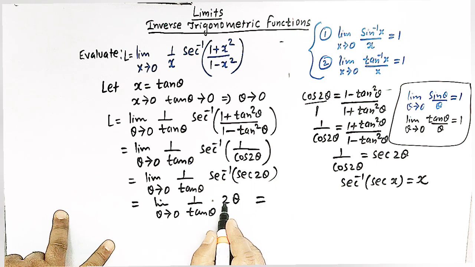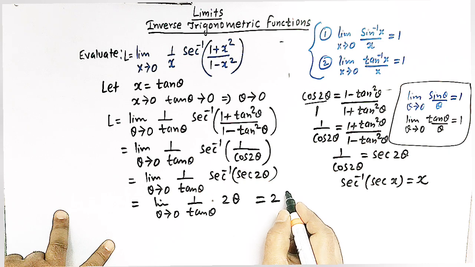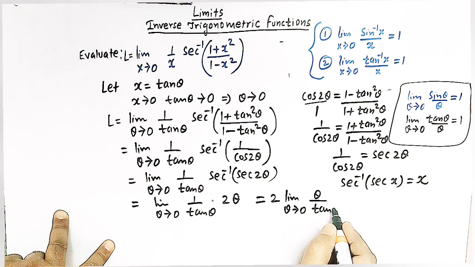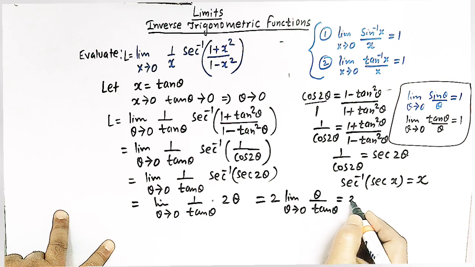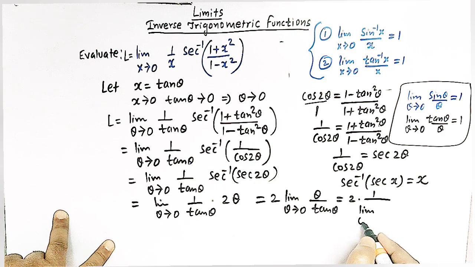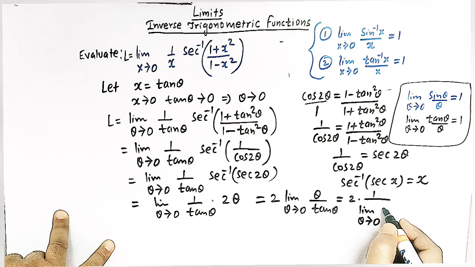So here we can now write this expression as 2 times limit theta tends to 0 theta over tan theta. So we have now 2 times 1 over limit theta tends to 0, and we can now take this theta to the denominator of tan theta.